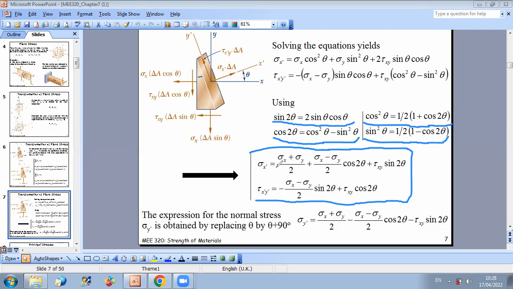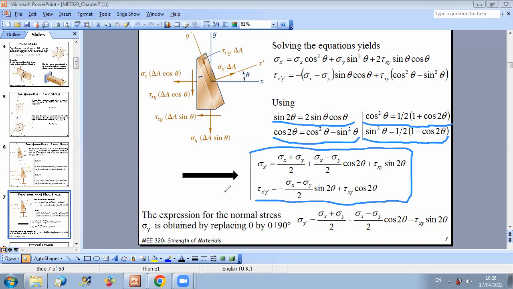Because here you have sigma x prime equals sigma x plus sigma y over 2 plus sigma x minus sigma y over 2 cosine 2 theta plus tau xy sine 2 theta, and tau x prime y prime equals minus sigma x minus sigma y over 2 sine 2 theta plus tau xy cosine 2 theta.